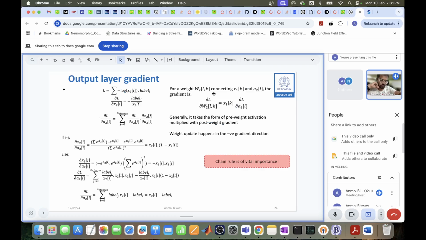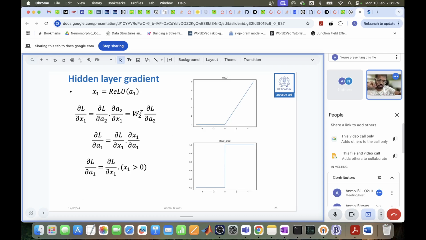We already know how to compute the updates for w2. All that is remaining is w1, and for that all that we need is the gradient of L with respect to a1. So we'll go step by step.